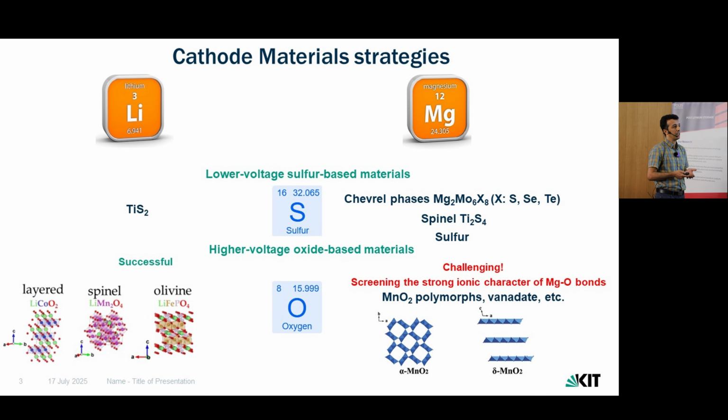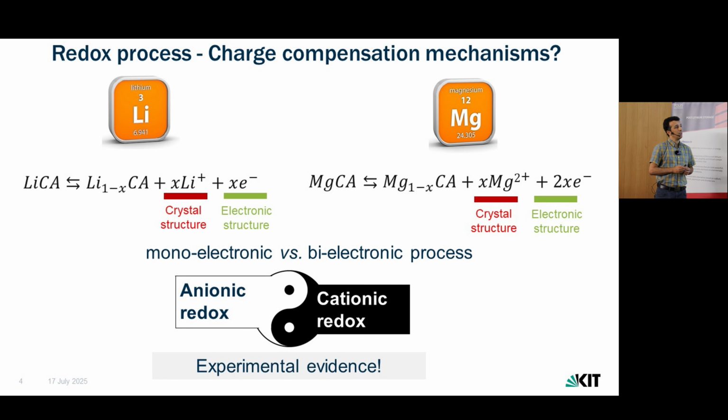People tried polymorphs, enlarging the tunnels for insertion and de-insertion in layers, and screening with water molecules to screen the oxygen-magnesium effect.